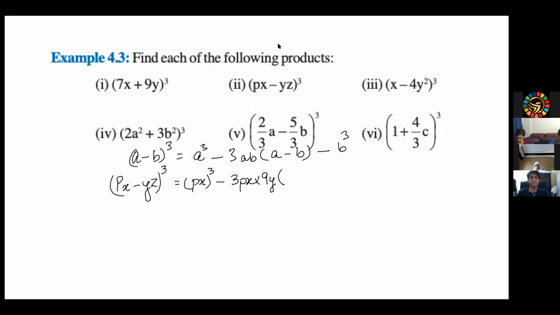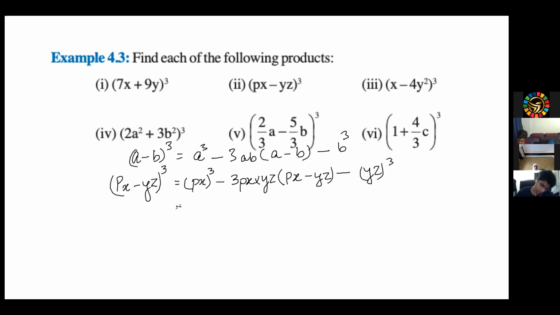Ma'am, why is that, ma'am? Ah, sorry. I just saw the first question. Px into yz. And here it is px minus yz. A minus B and minus yz whole cube.